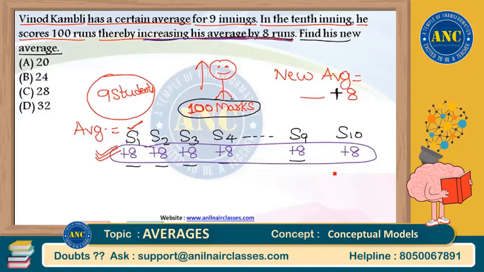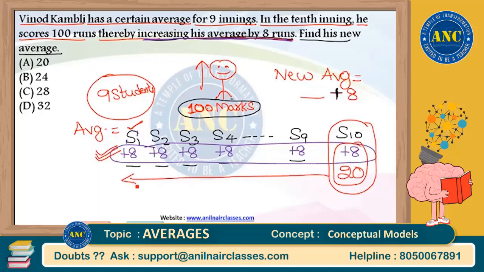Now another 20 marks is left with him. That is his kitty. That means if he is becoming 28, all the other people also should become 28. The new average should be how much? 28 marks. Or in other words, the new average score is nothing but 28.